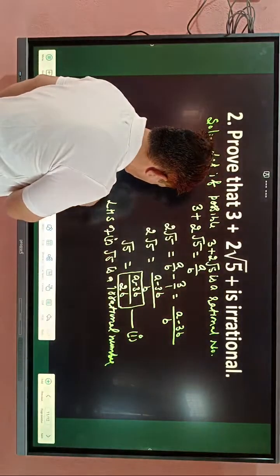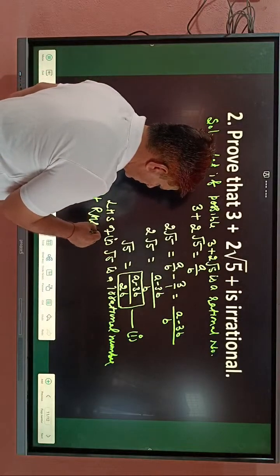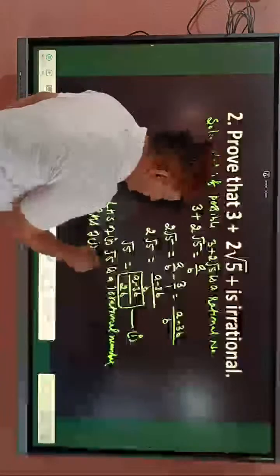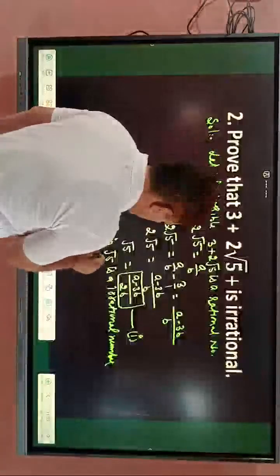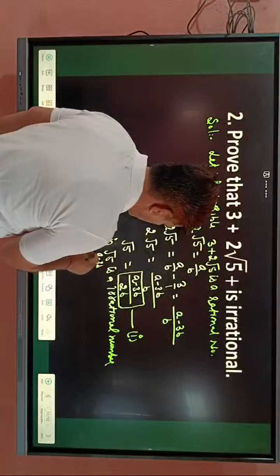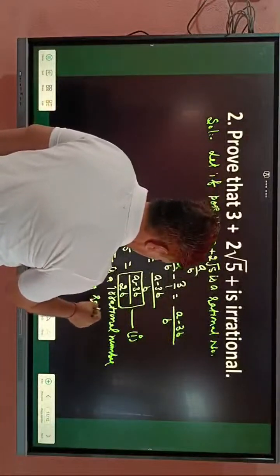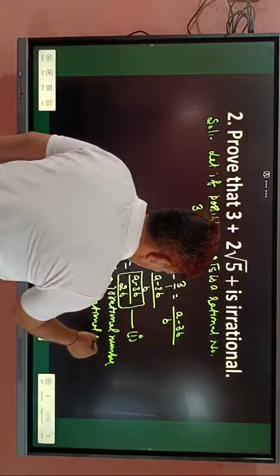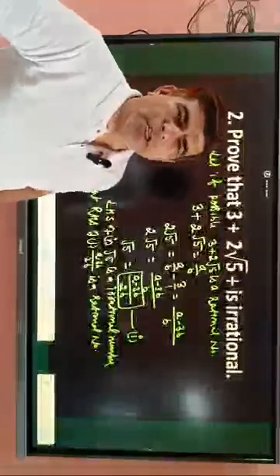So RHS of first, a minus 3b by 2b, is a rational number. Yesterday I told you, is it possible for rational to equal irrational?